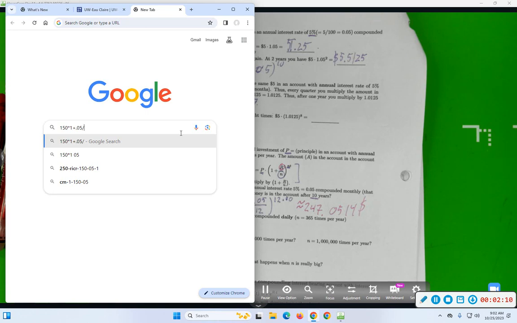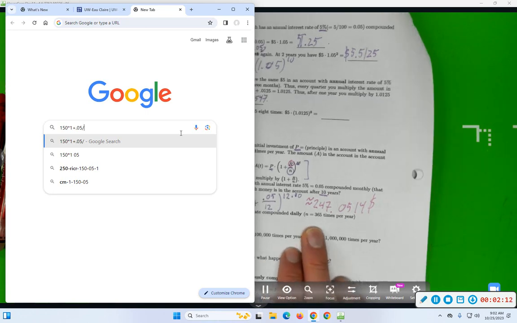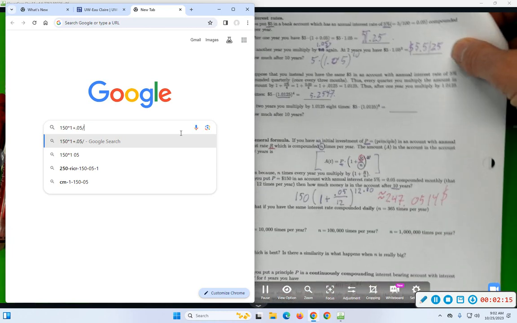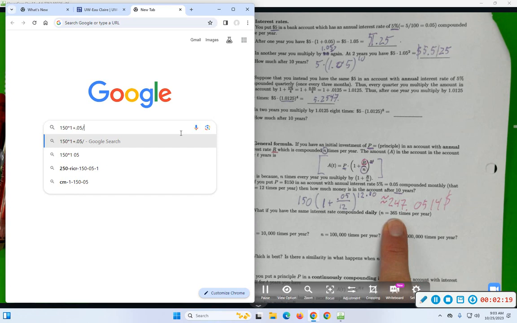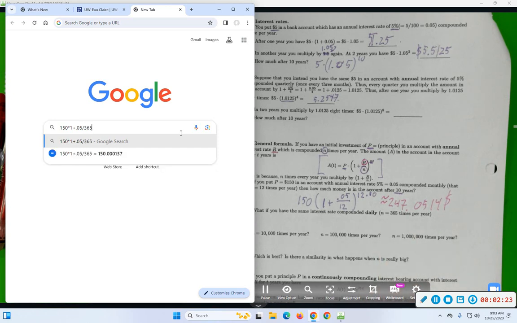Now let's look at this particular example. What is n in this next example I want to do? 365. Parentheses matter. And then I want to take all that and raise it to the 10 times 365.